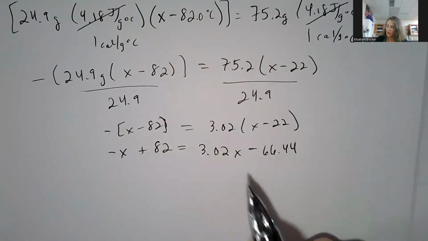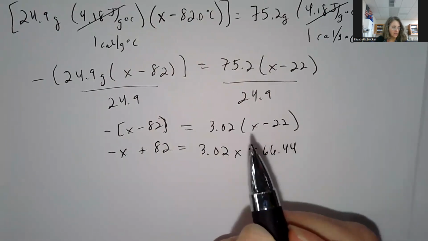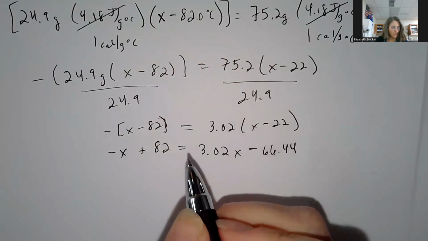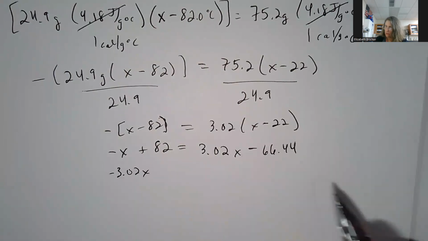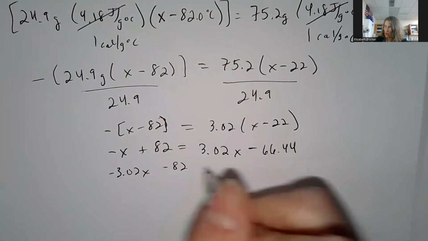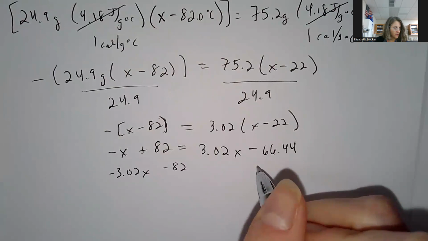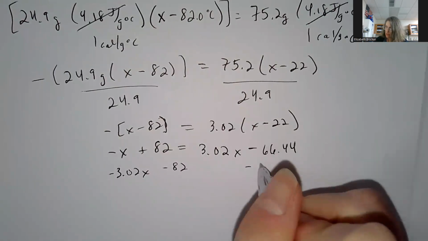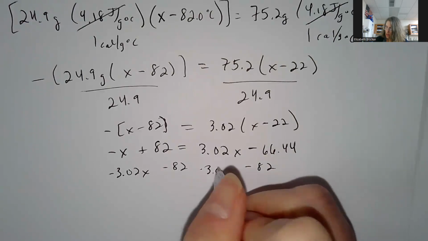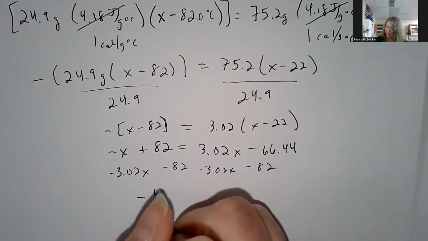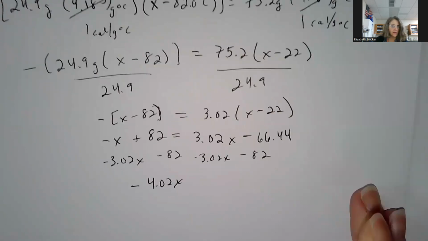So then I'm going to gather all of my x's to this side. So I'm going to bring negative 3.02x over here, and I'm going to bring the 82 over here, so I'm going to subtract it from both sides. So I am going to be left with a negative 4.02x on the left.